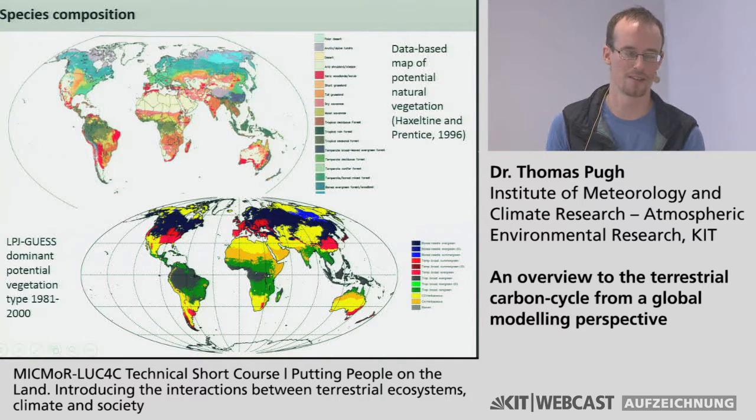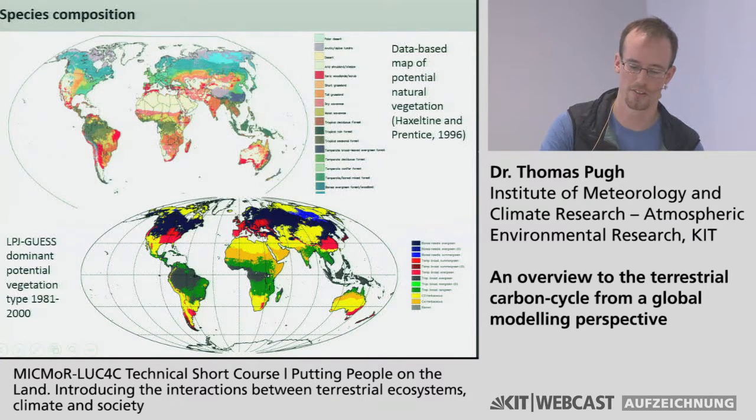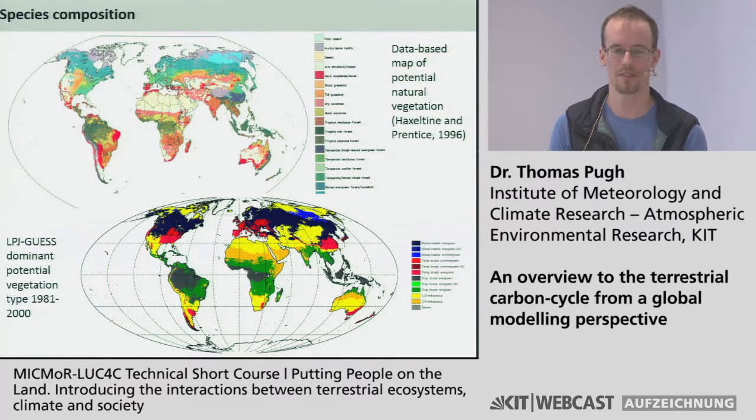You saw in the earlier talks just how much of the land surface is strongly affected by human management and land use change. But you can see that the broad features agree. So the tropical forests are quite similar in their extent and also the boreal regions. We even get the Siberian larch forests out here, more or less. These models do a reasonable job of getting the biosphere at least as it is now. Going into the future, that's a completely different question.